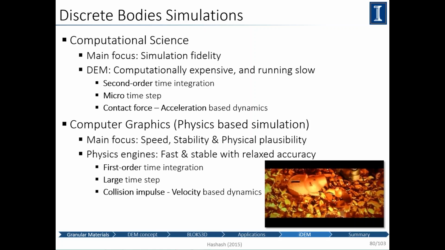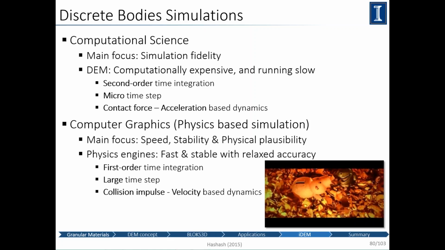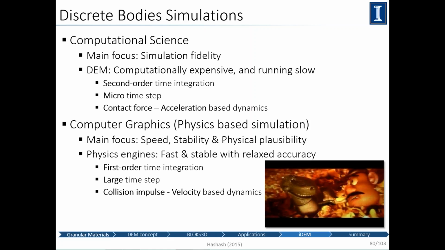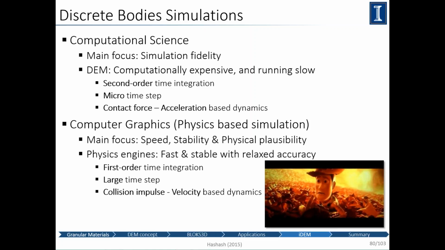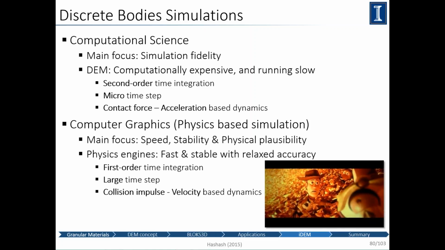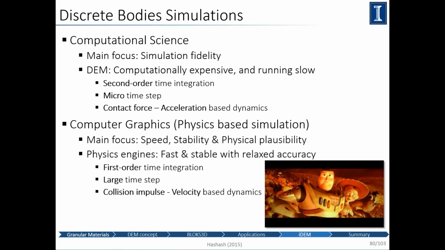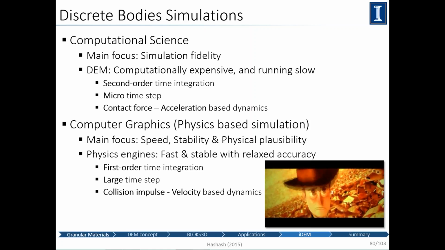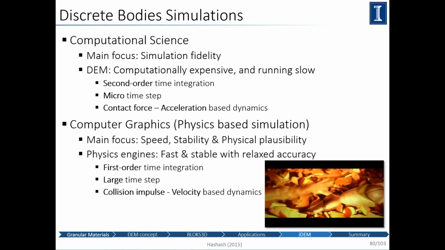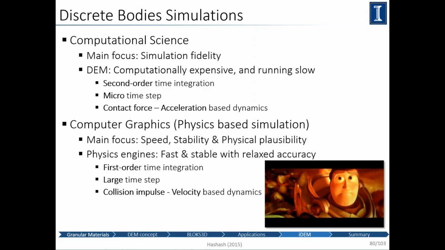Finite element is widely used because it's fast. It runs within a reasonable amount of time. This one takes a long time. So we spend a lot of time looking at how we can speed things up. Here I'm talking about a contrast of two things. One is computational science, where our focus is on simulation fidelity.